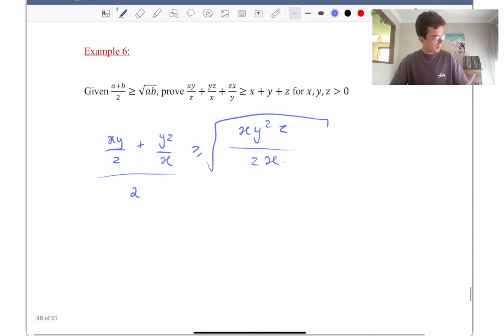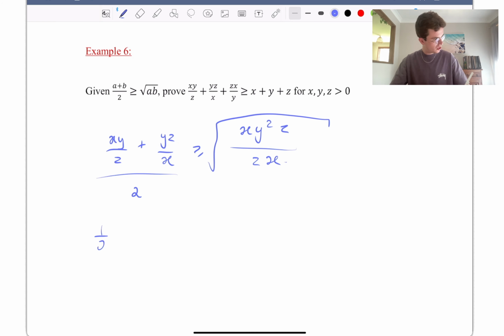And if we simplify that, we're going to get 1 on 2 xy on z plus yz on x is greater than or equal to y.